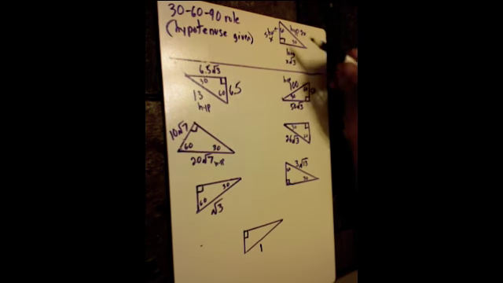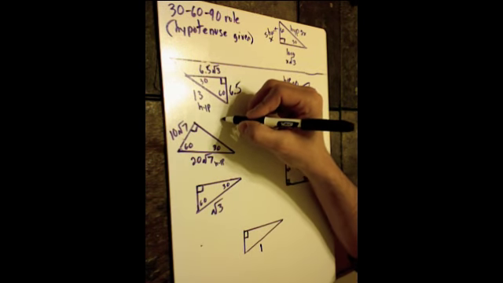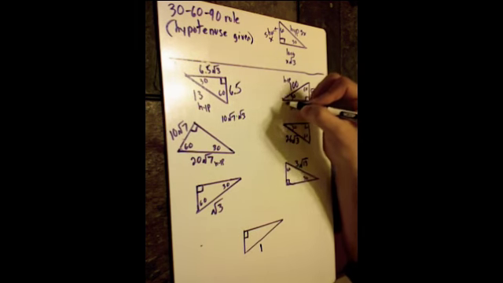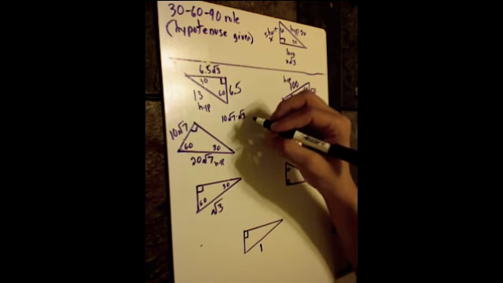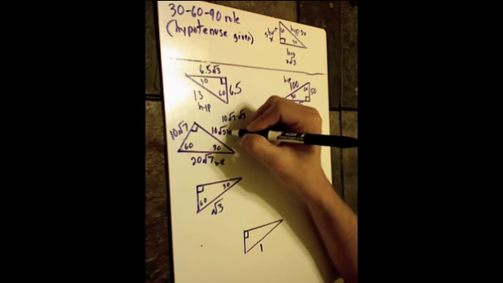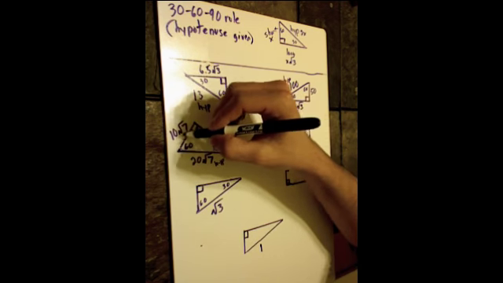If I know the short leg, I multiply by the square root of 3 to get the long leg. So 10 square root of 7 times the square root of 3. Square root of 7 times square root of 3 is square root of 21. So I know the long leg is 10 times the square root of 21. This is my long leg, and this is my short leg.